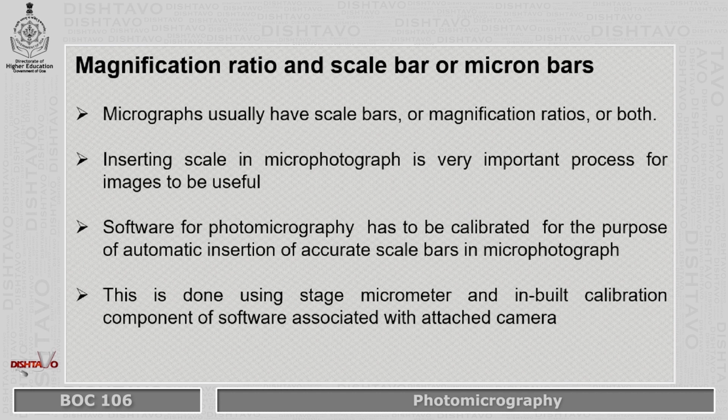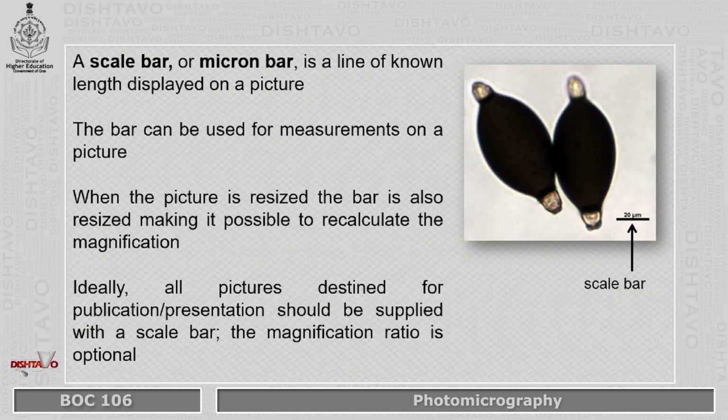Once we get the image, it is important to insert the scale bar. For this purpose, the software has to be calibrated, and this is done by using a stage micrometer and the inbuilt calibration component of the software associated with the attached camera.